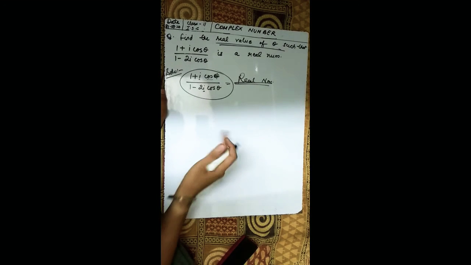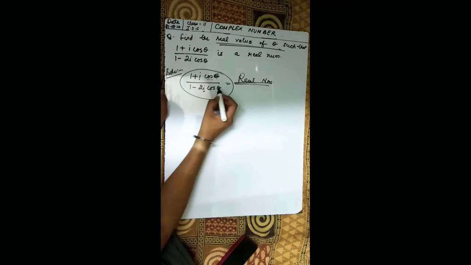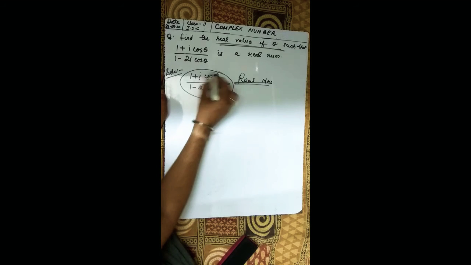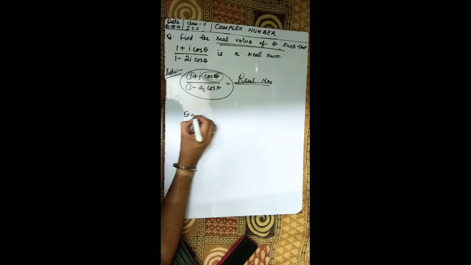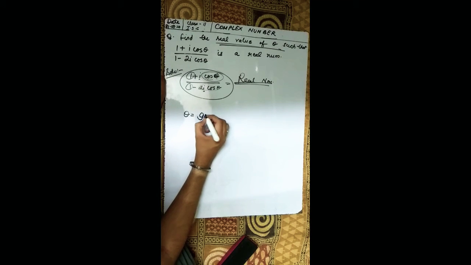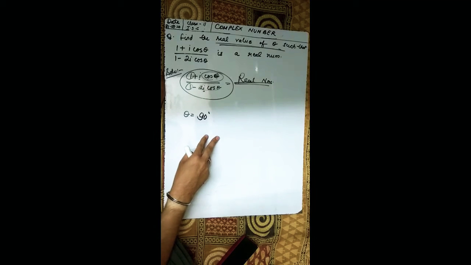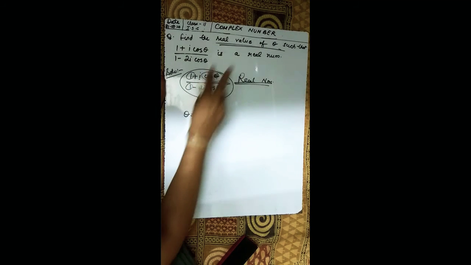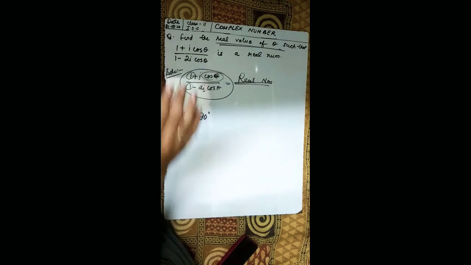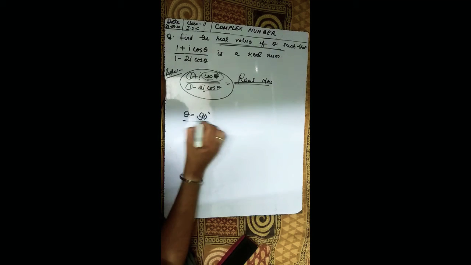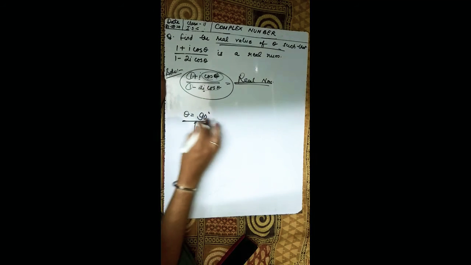We need to remove these terms, and then we'll get the real number. So if you put theta equal to 90 degrees, what is cos 90 degrees? 0. That means this will become 0, this will also become 0, and finally you will get the real number.